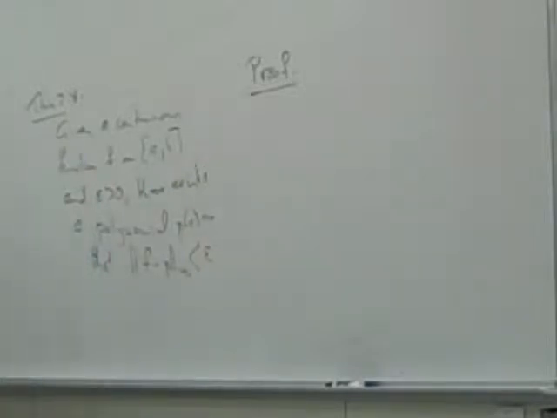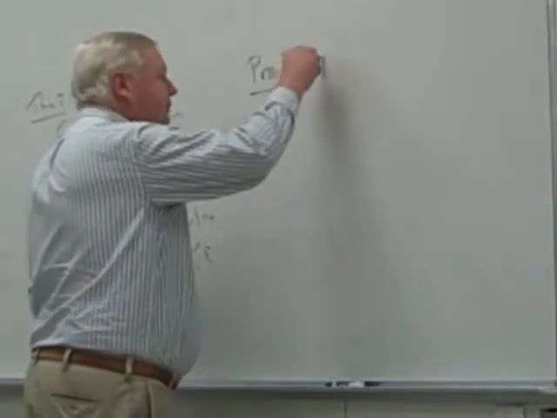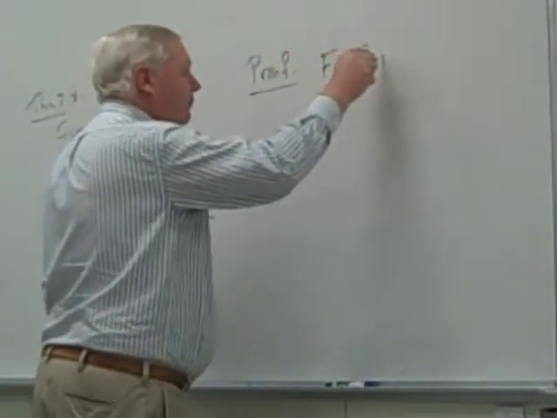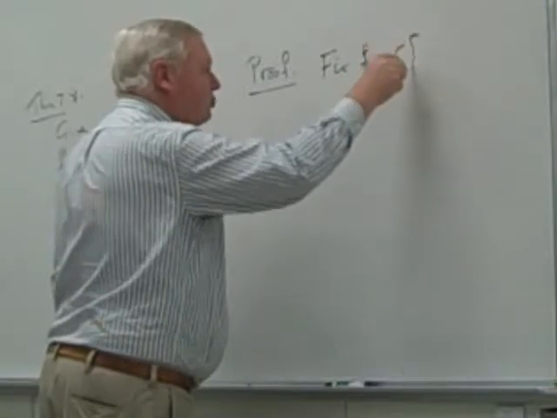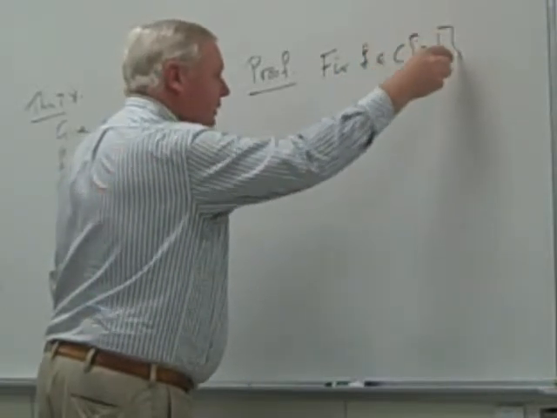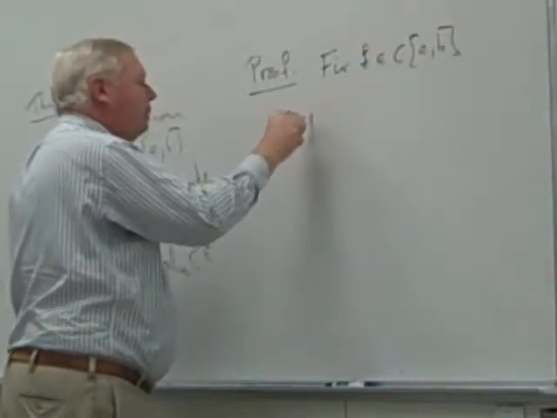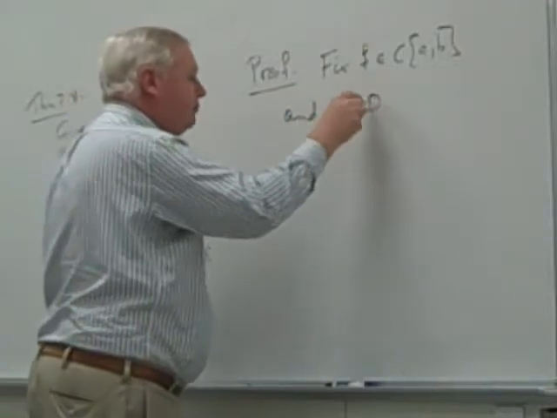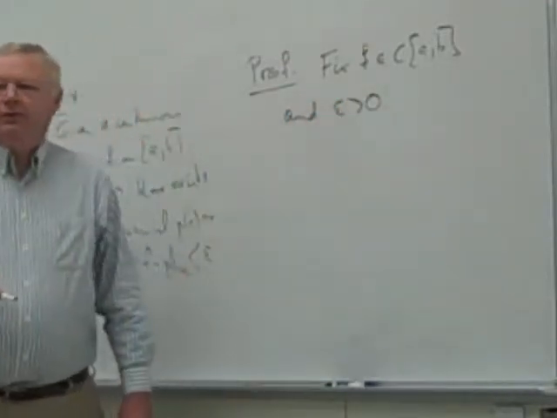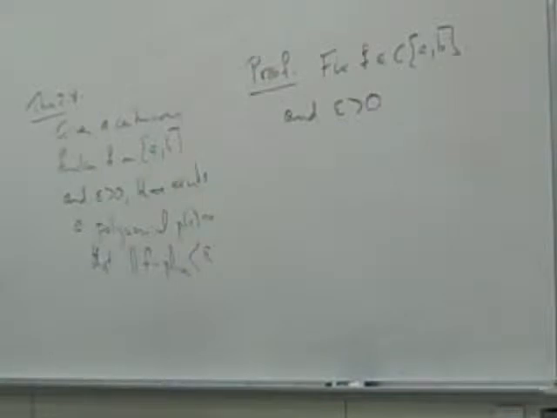Okay, so let us fix f in the continuous functions on a to b and an epsilon greater than 0. Since it's a 2-step procedure, what we'll do is start with a piecewise linear function that comes within epsilon over 2, and then a polynomial that comes within epsilon over 2 of that.